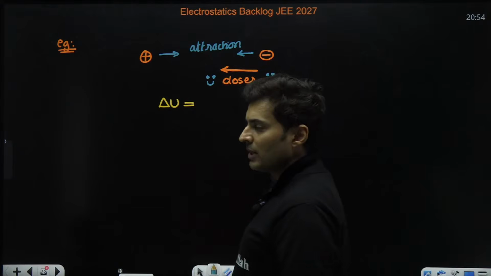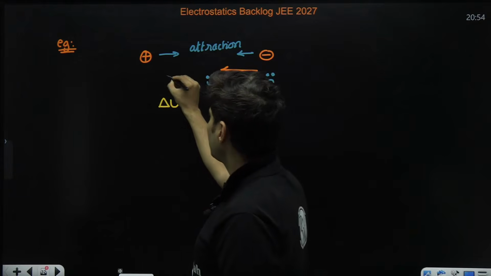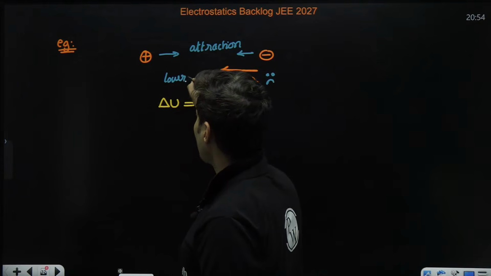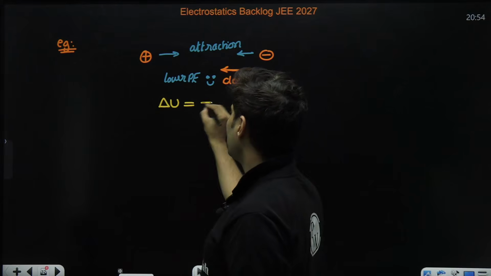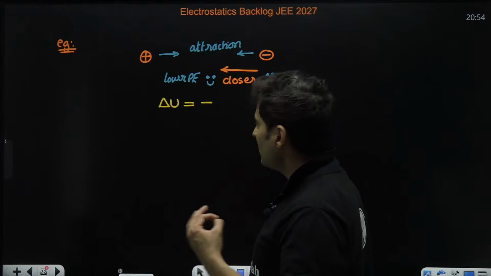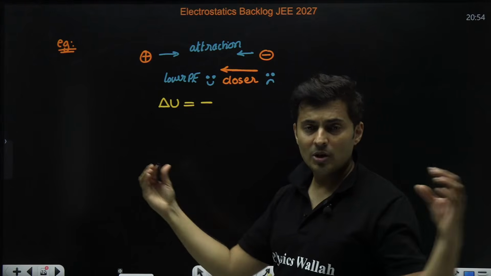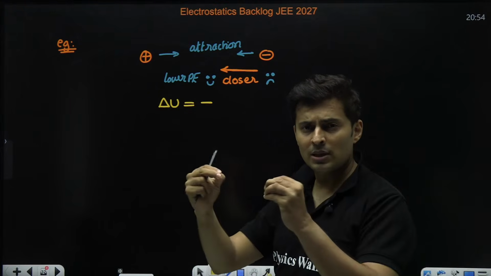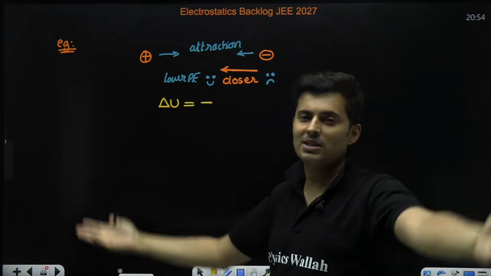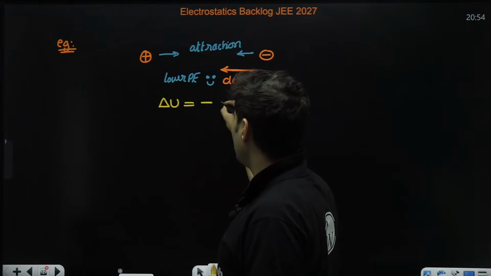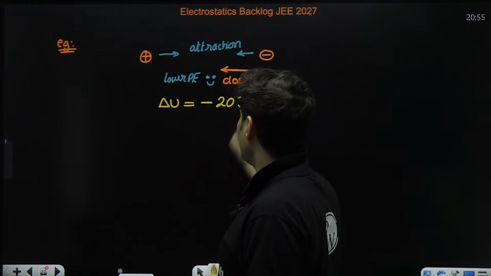So because they are coming closer, there will be lower potential energy, and lower potential energy means delta U will be negative. Is that clear why it is negative? Because they are attractive in nature, so they come closer and become happy. Happy means I am lowering my potential energy. Delta U will be negative, let's say it is minus 20 joules.